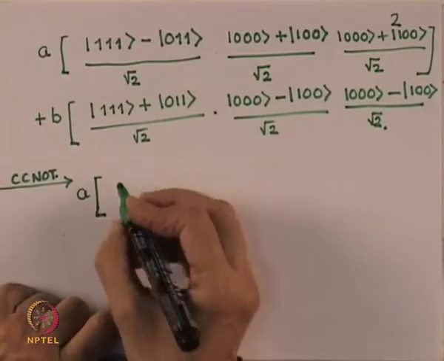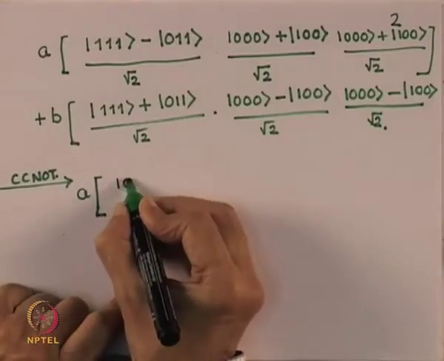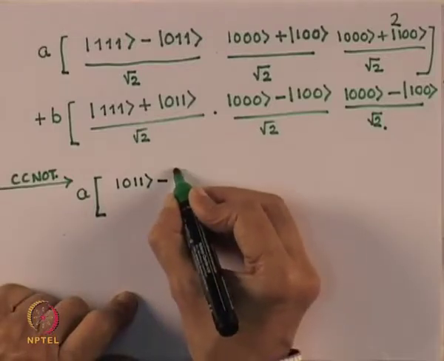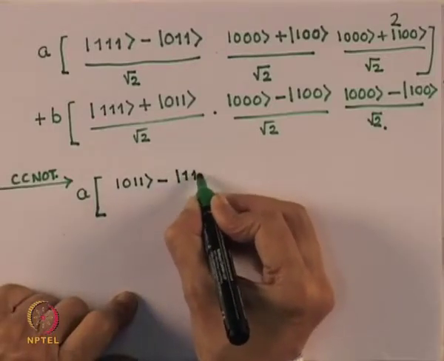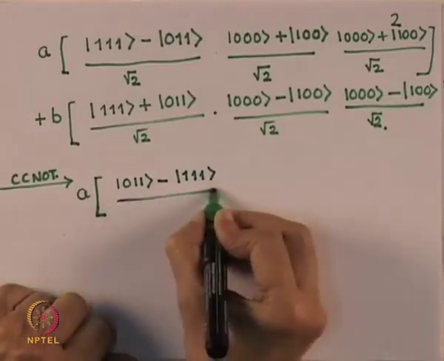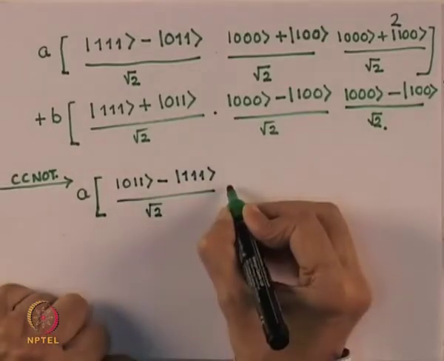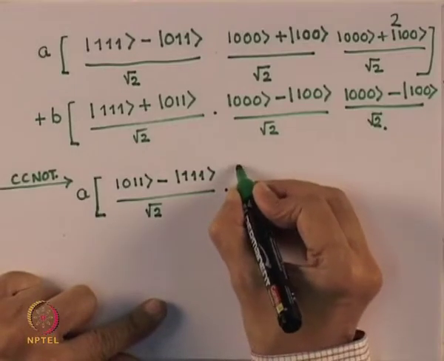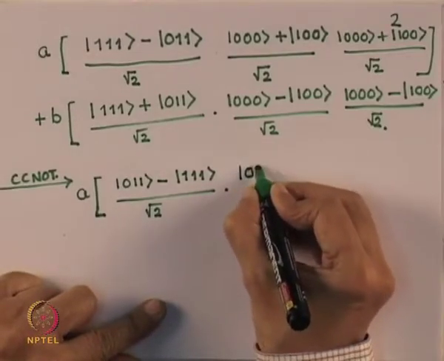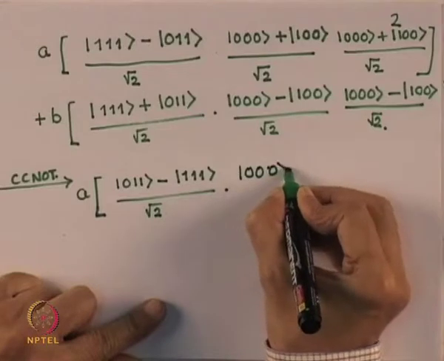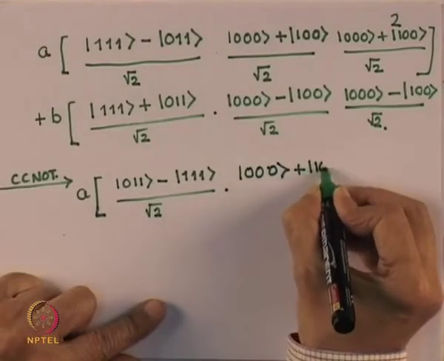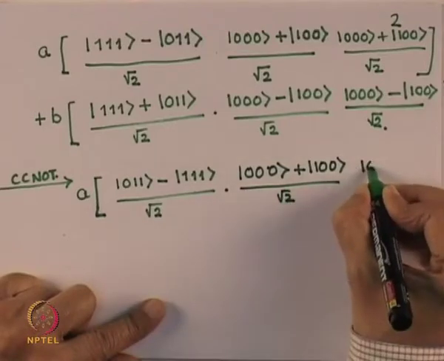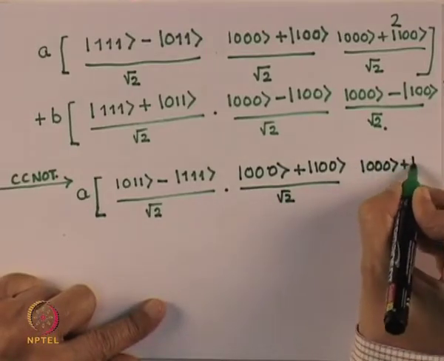So therefore I will get 0, 1, 1 minus 1, 1, 1 by root 2. In this case, I will get 0, 0, 0 plus 1, 0, 0 by root 2, 0, 0, 0 plus 1, 0, 0 by root 2.